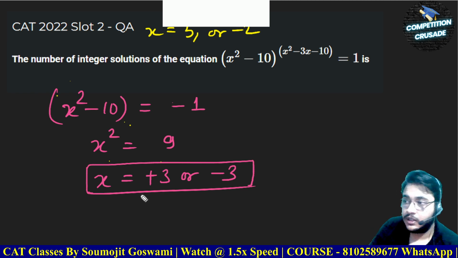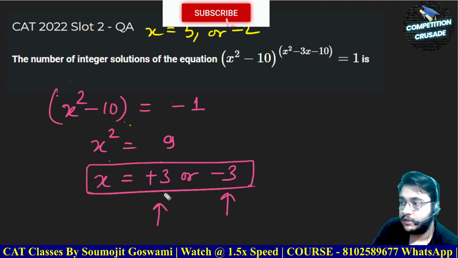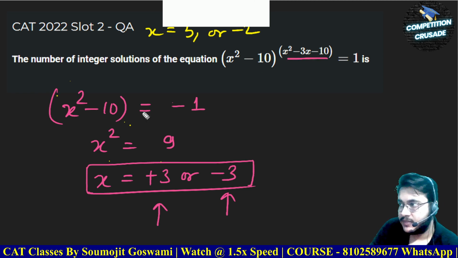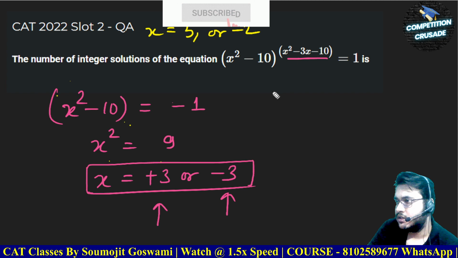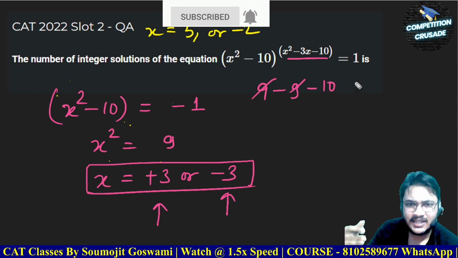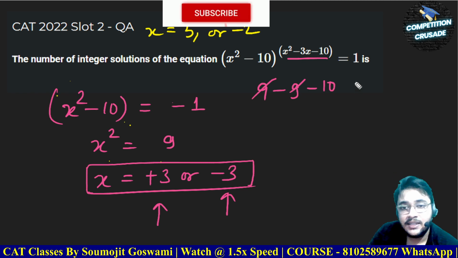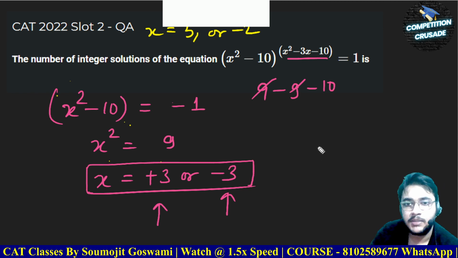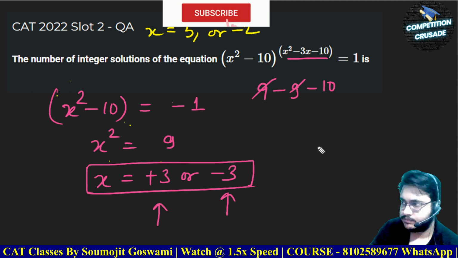Now this is not it. You have to check by putting whether plus 3 and minus 3 make this exponent even. So let's do that. This becomes 9, this becomes 9, and this is minus 10. So obviously minus 10 is an even number. Anything raised to the power even, doesn't matter if it is minus 10, because minus 10 is also even.